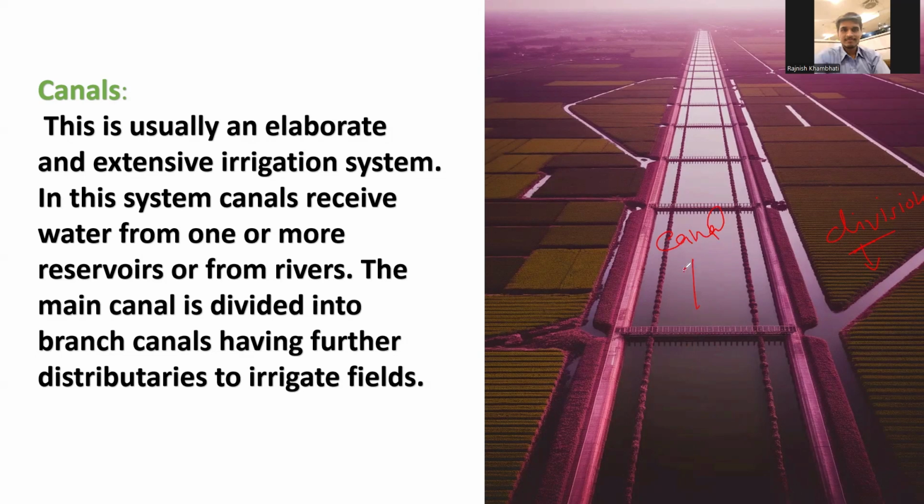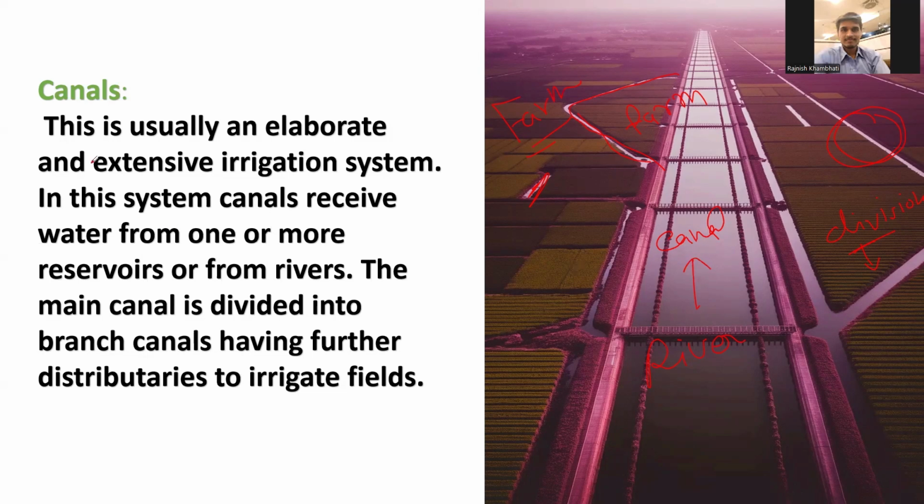So in the canal, water is coming from the river, and from the canal it goes through this division into the farm. You can see this area, the water-going area. With these small divisions, water can enter into the farm. This is the way we can use canal water for irrigation.